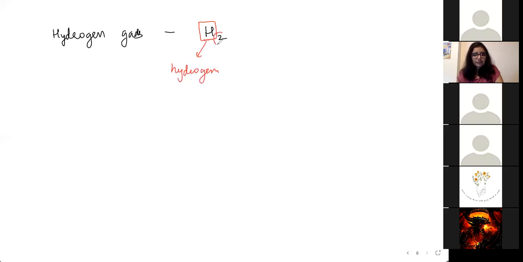And the number 2 tells us that there are 2 atoms of hydrogen. And the fact that it's written niche, isko bolte hai subscript, that tells us that whatever 2 atoms of hydrogen are there, they are chemically bonded.